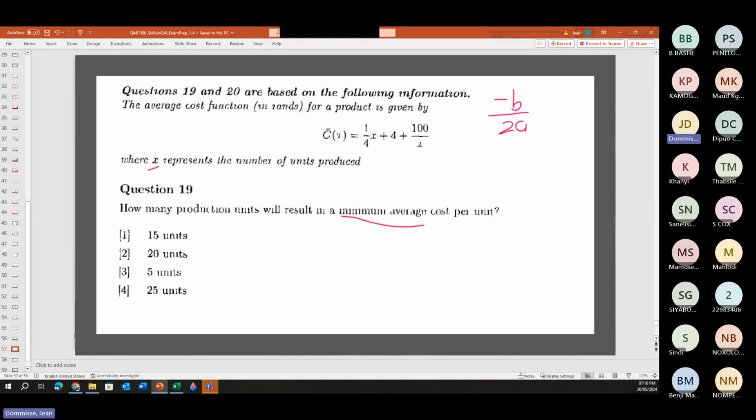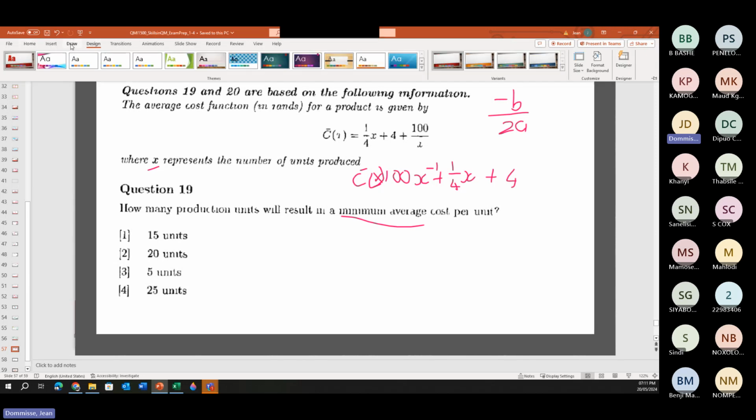So that one is a quarter x plus 4, but this is 100x to the power of minus 1. Okay, so that does not look like the formula that we have worked with previously.